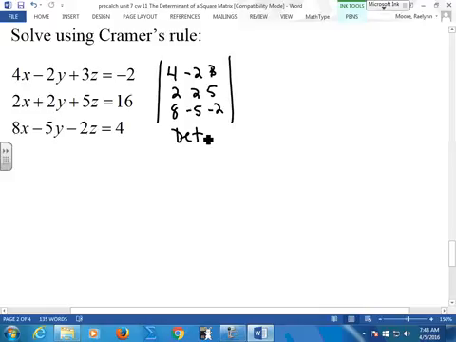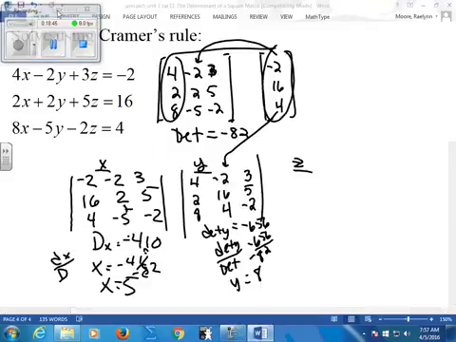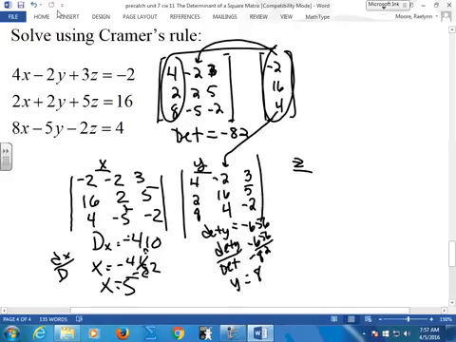This is your constant. Okay, so find the determinant of the entire thing first. Okay? And then last, you're going to do z. Notice the bars for determinant. So last, we're going to do z.